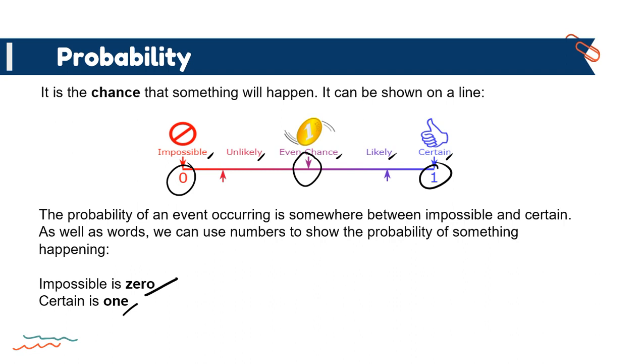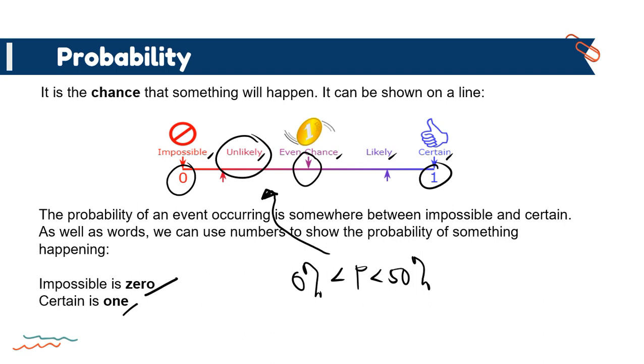Ngayon, yung nasa pagitan naman ni impossible at ni even chance, that is what we call unlikely to happen. So nasa pagitan po ni impossible at ni even chance. So meaning, your probability must be less than 50 or 50% but greater than 0 or 0% for unlikely.